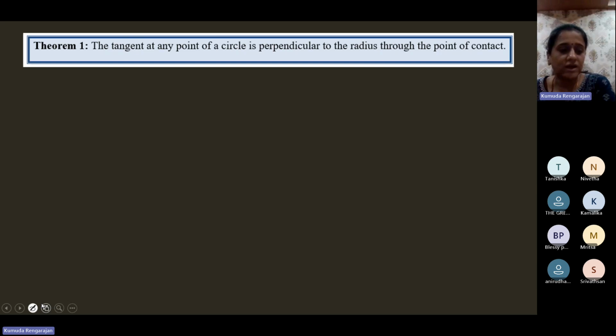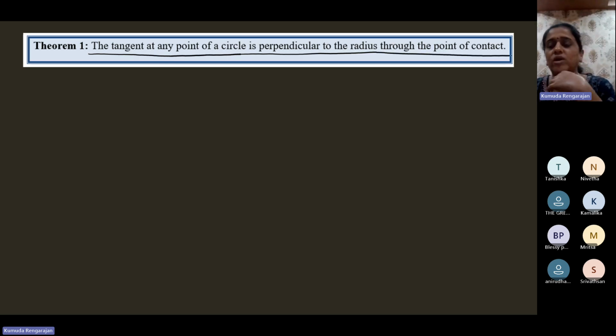So to start off, we'll need to know two theorems. The first one is: the tangent at any point of a circle is perpendicular to the radius through the point of contact.